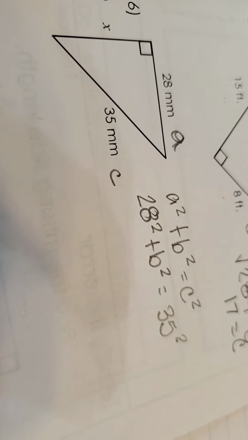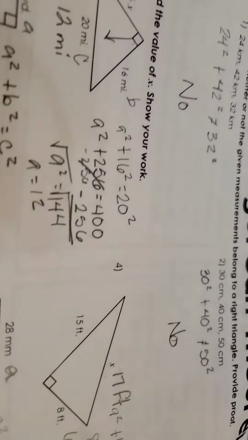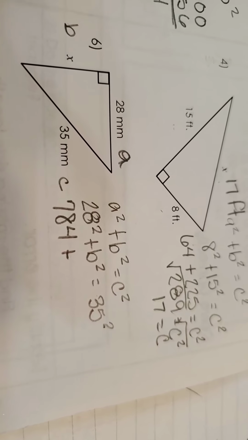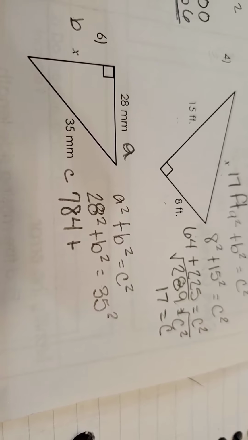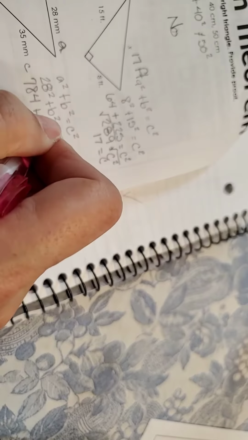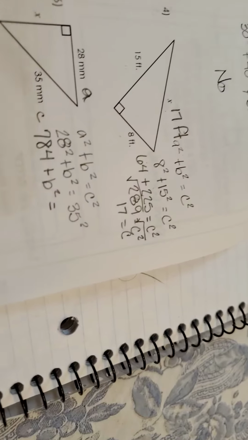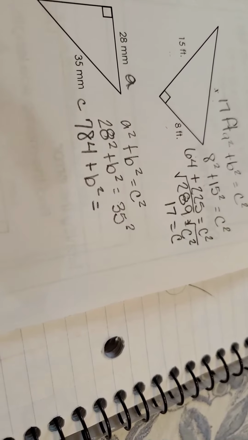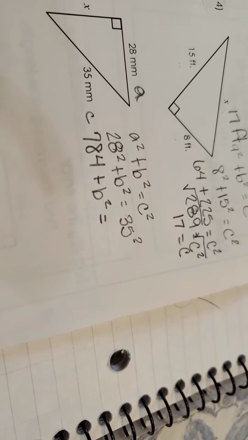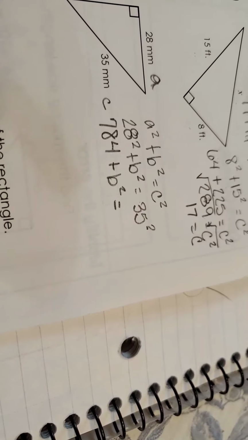So let's find out. 28 squared is 784, plus b squared, which we still don't know. And now we're going to do 35 squared, and we get 1,225.